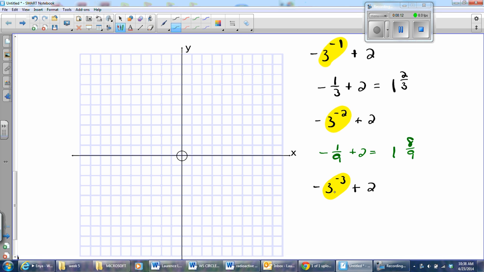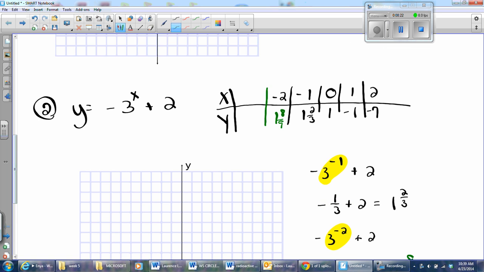So this will be -1/27 plus 2, which will equal 1 26/27. That's pretty darn close to 2. The asymptote is going to be y equals 2.